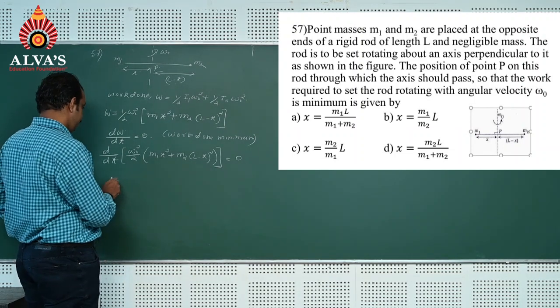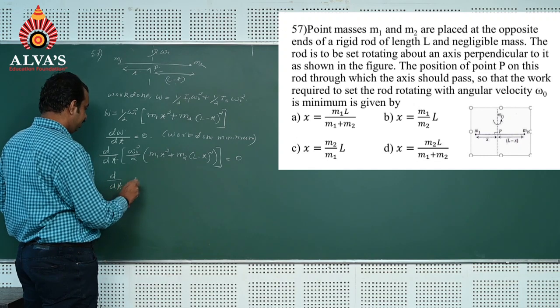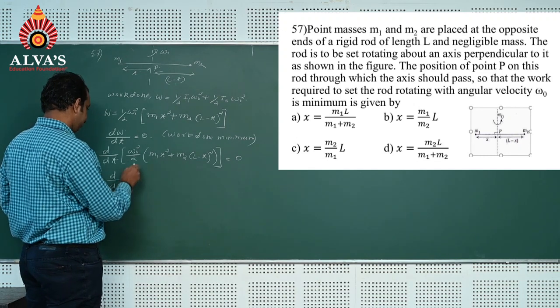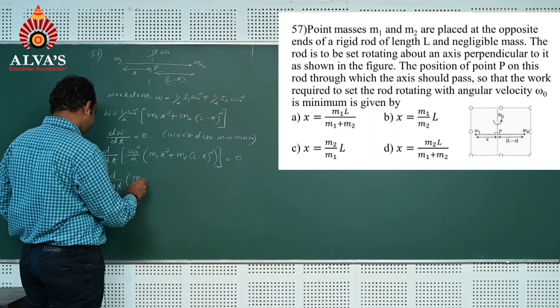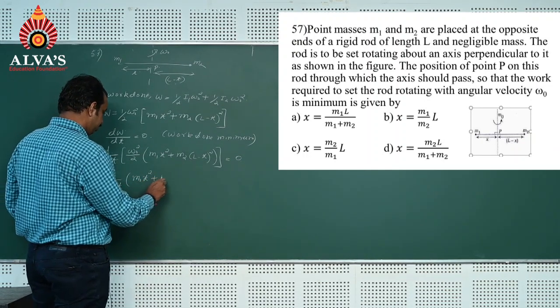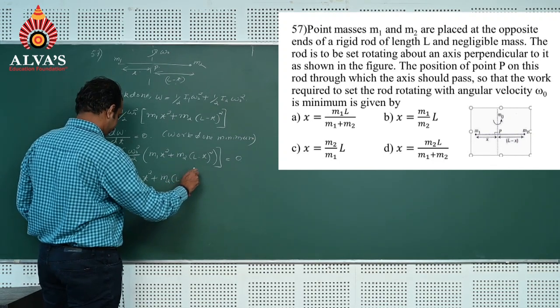That means d by dx of it, the constant term can be taken to the right side and it becomes 0. It is d by dx of m1 x square plus m2 into L minus x whole square.